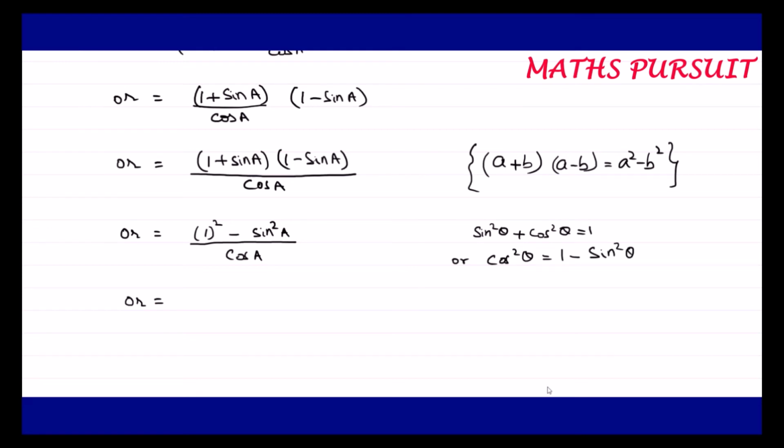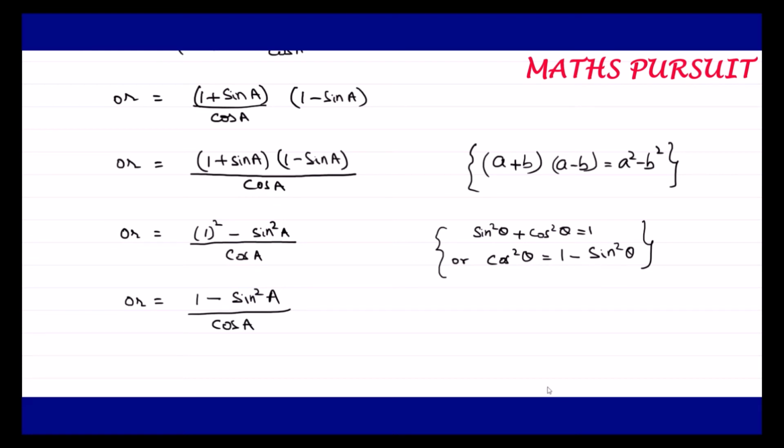I'm going to use this particular identity, sin square theta plus cos square theta is equal to 1. From that I derived cos square theta is equal to 1 minus sin square theta. Now here in the above equation we have 1 minus sin square A upon cos A.